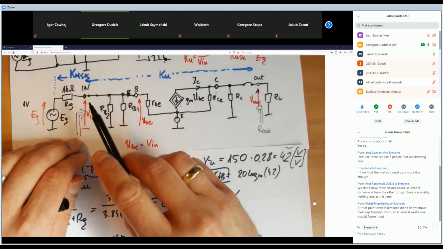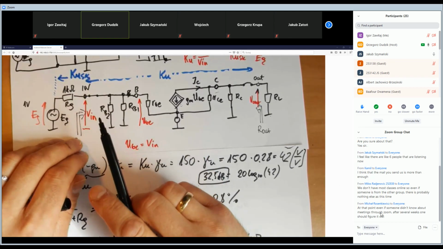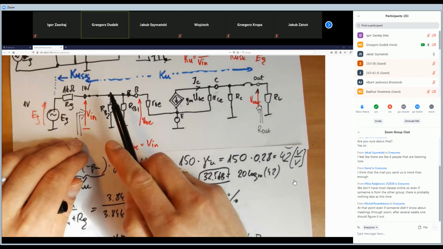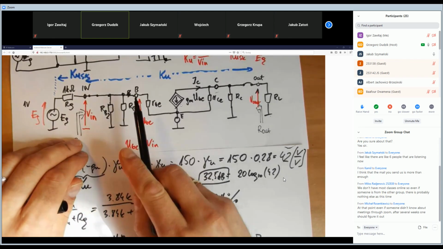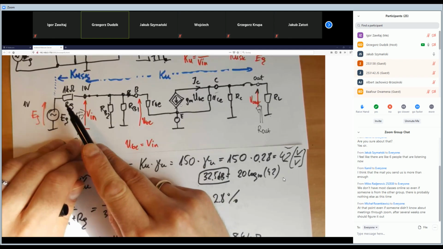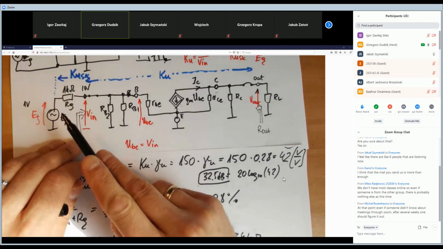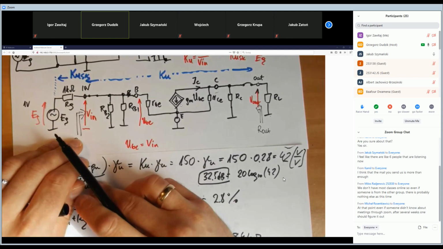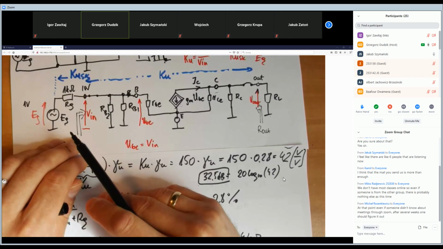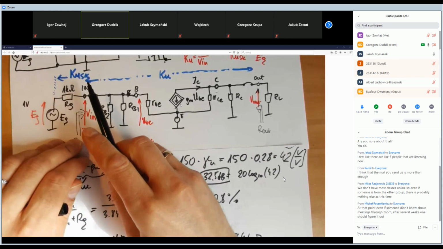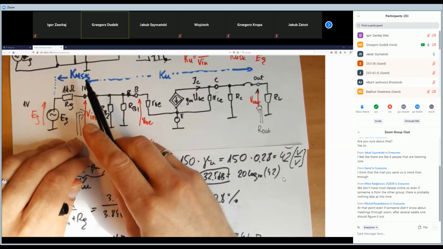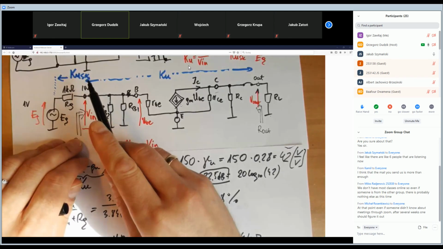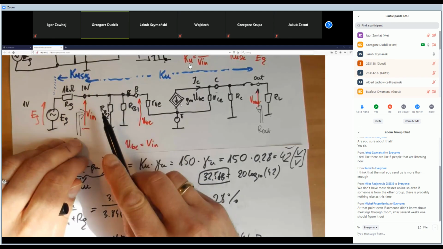That's why we are going to get the maximum input resistance according to this voltage divider here. Yes, you are right. So to get a much higher effective voltage gain, we have to increase the input resistance.